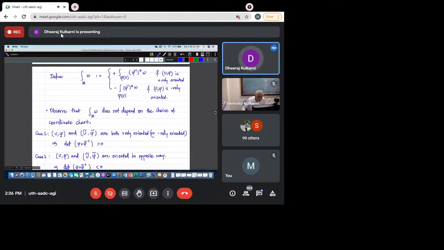Now, first case is that let us assume that both charts are positively oriented or negatively oriented with respect to the orientation class O on the manifold M. In either case, the determinant of the coordinate transformation that changes the coordinates from U tilde to U, if you look at determinant of the derivative of these maps at any point, they will be positive because we are assuming either both of them are positively oriented or both of them are negatively oriented.